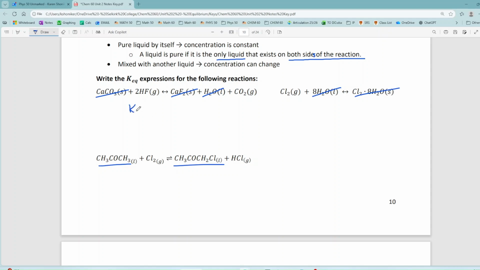So for this example up here, my only product left is the concentration of carbon dioxide, and then on my left-hand side, it's the hydrofluoric acid, and because its coefficient is a 2, I would square it. For this next one, when we look on the product side, there's nothing. So we actually just put a 1. It's a placeholder.